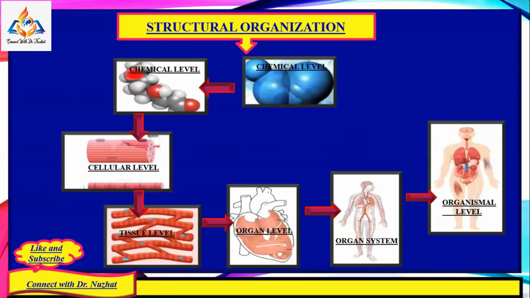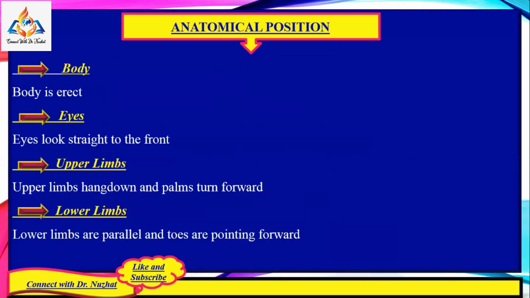This is the structural organization of the human body: chemical level, cellular level, tissue level, organ level, organ system, and organismal level.